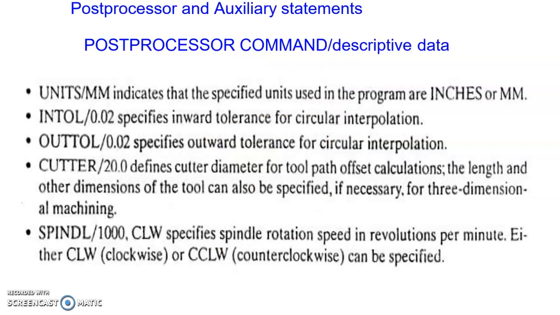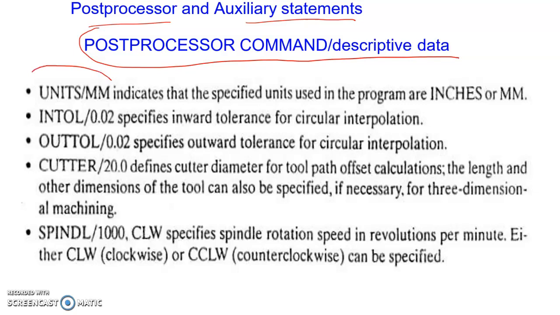Next in statements, we have the post processor and auxiliary statements. Out of this, we will consider the post processor statements first, and this contains the speed, feed definitions, then the cutter diameters, units, etc. So these are some examples. Unit bar mm means the units are in mm.